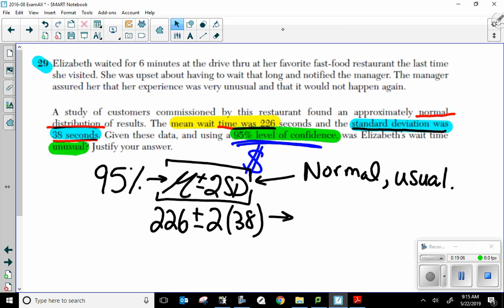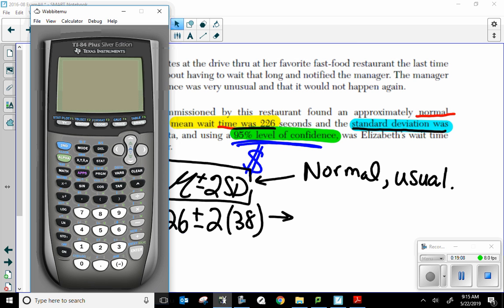You're going to have a calculator, you're going to use this, and you want to check your math. So we've got 226 plus 2 times 38.